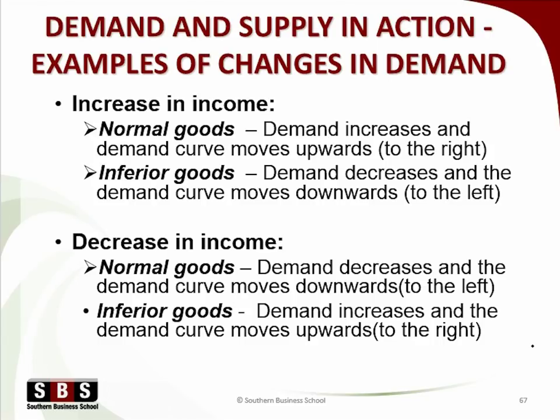If there's an increase in income, remember I said no steak and hamburgers, so that's typically the effect of an inferior good. A normal good is if your income rises, you're going to buy more of everything. And a decrease in income will have the opposite effect.